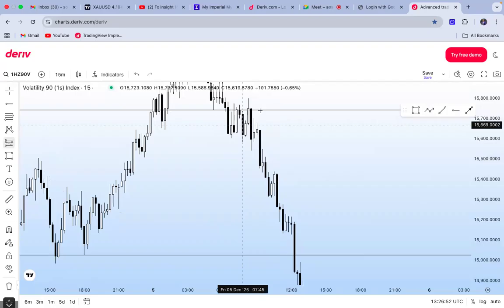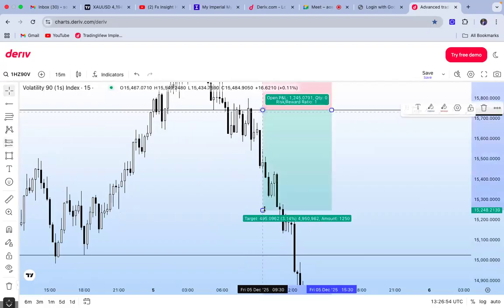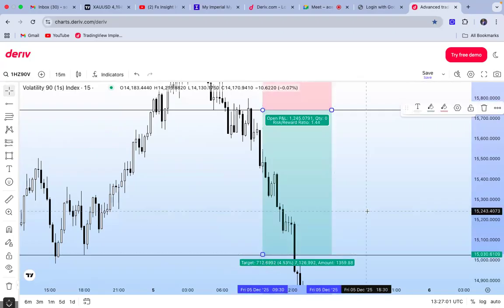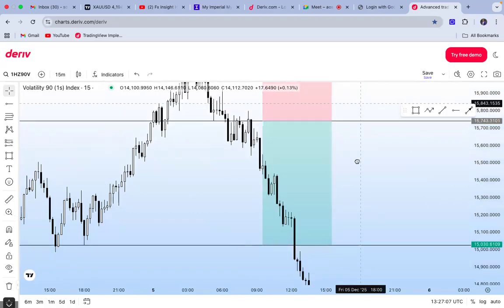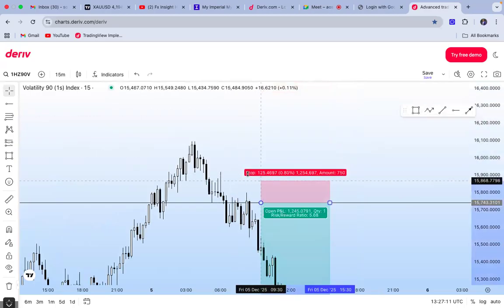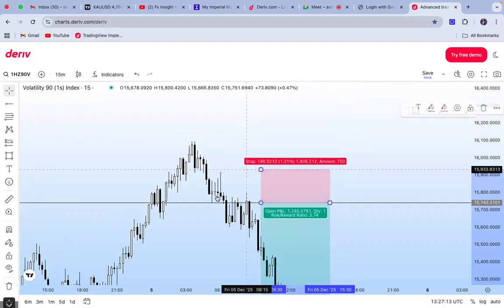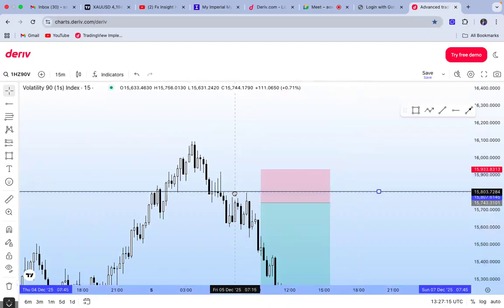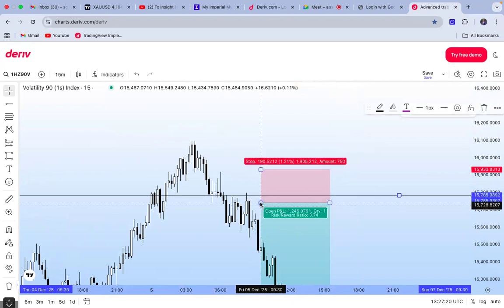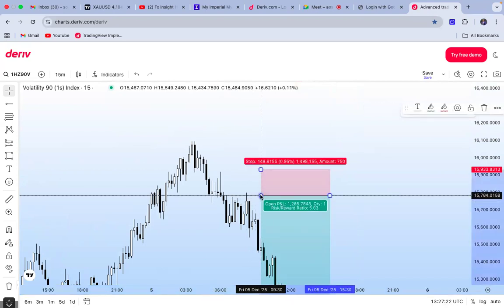Let me check. If we sell from here, we have 1.44, so the midpoint will be... Yes, if I had taken the sell from here, my stop loss would be here. I mean, this was the retest, so I'll take it here rather.